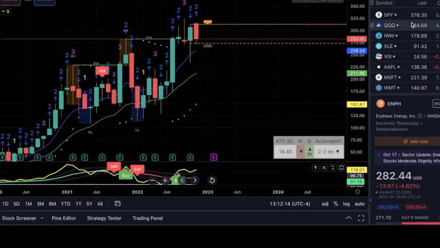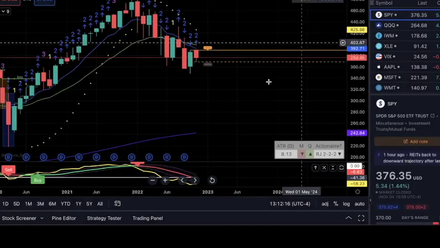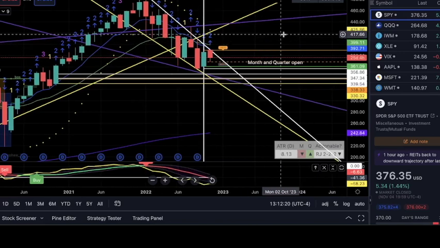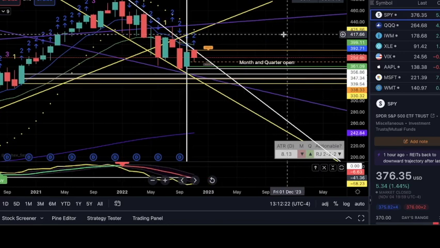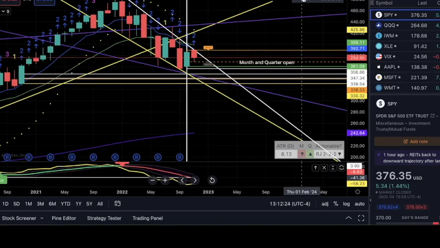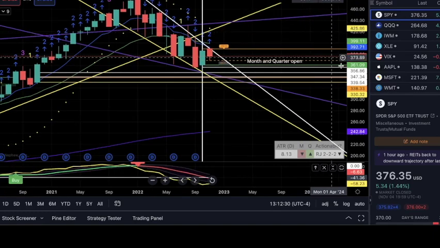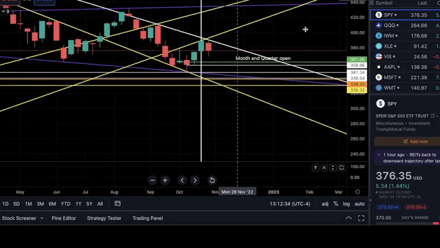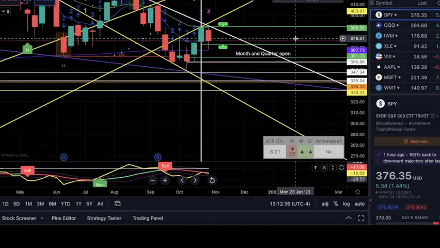So we can just go straight to the homework, or the regular stuff, let me say. Just keep in mind that SPY will trigger the outside month at 368 if we're bearish. On the week, we did an outside week.